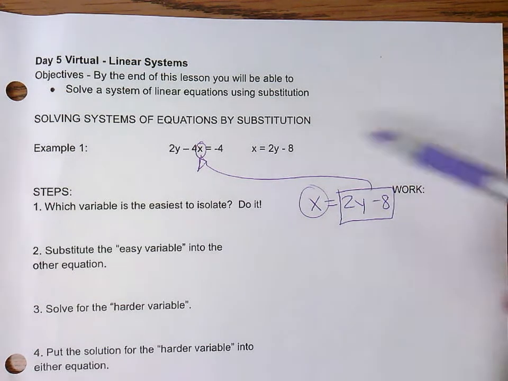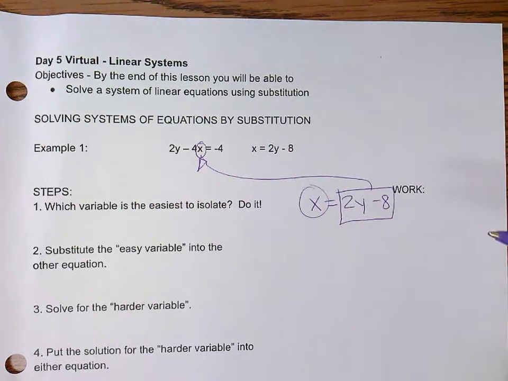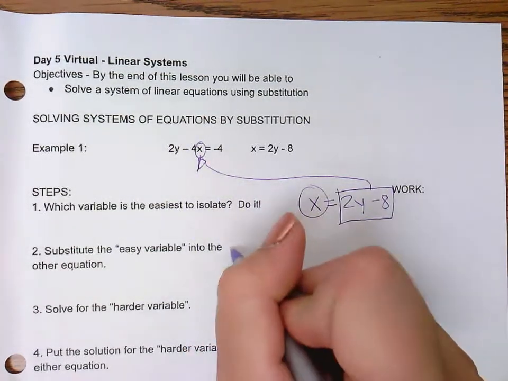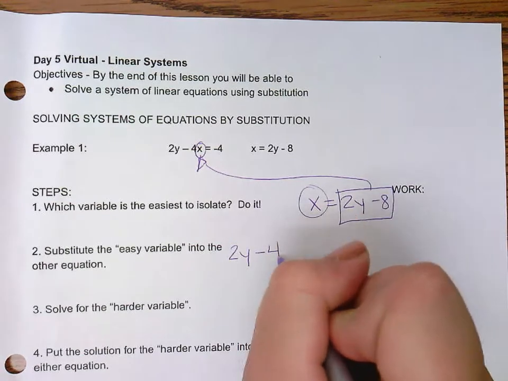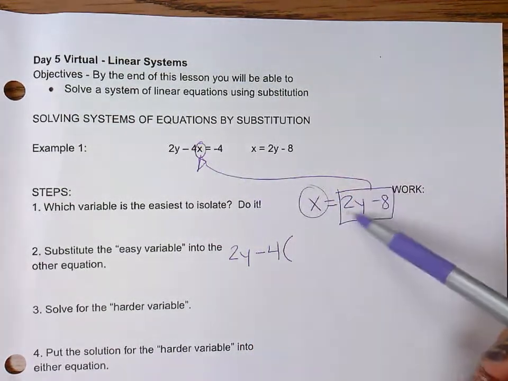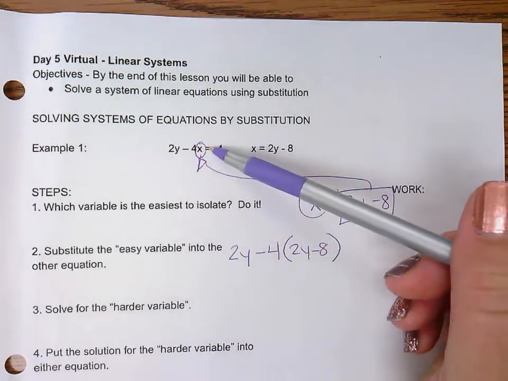But if I get all the same variable in one equation, then I'm able to solve for either x or y. So my new equation becomes 2y minus 4 times parentheses, instead of writing x, I write 2y minus 8, close parentheses, equals negative 4.